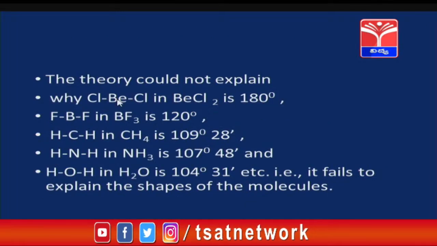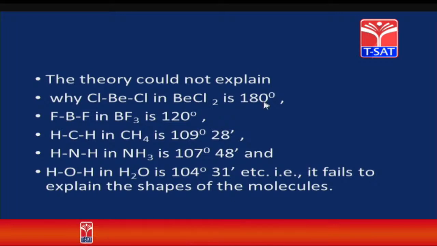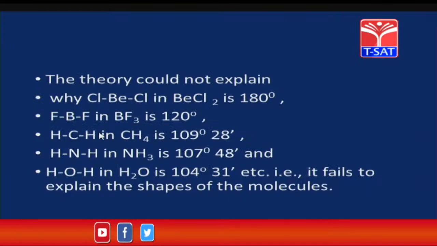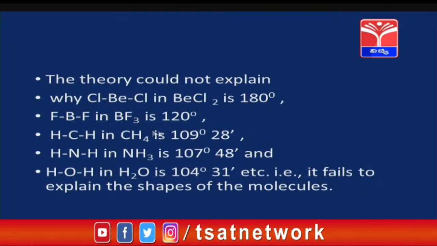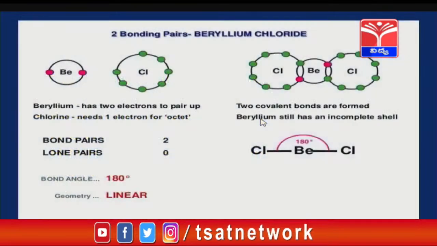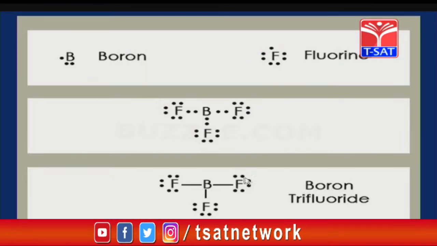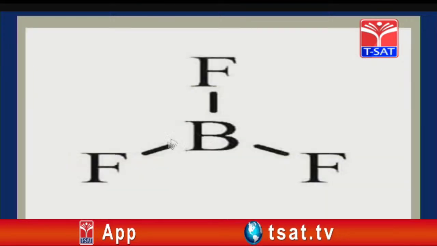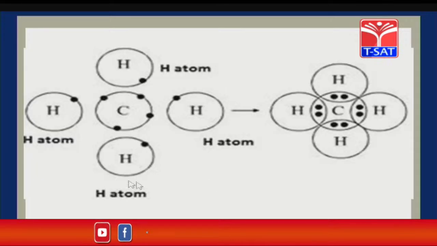For example, if you see in beryllium chloride, if you look at the picture, here the bond angle between them is 180 degrees. So, this was not explained in the theory. The bond angle in BF3 is 120 degrees. So, BF3 molecule is this, it should be expected like this, but here it is not as expected. It forms a trigonal planar structure like this with 120 degrees angle.